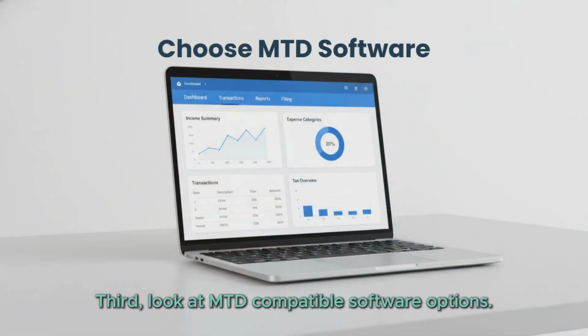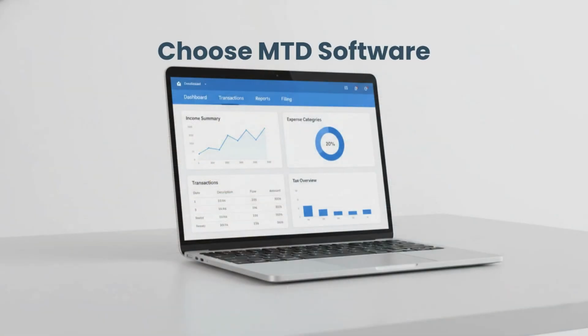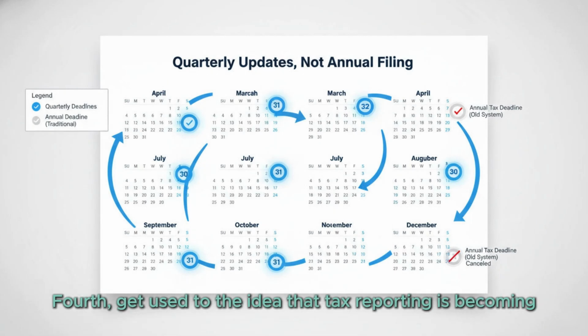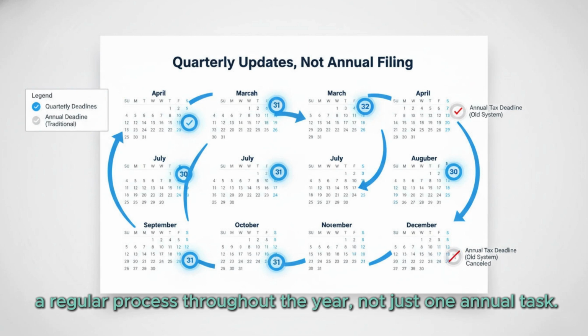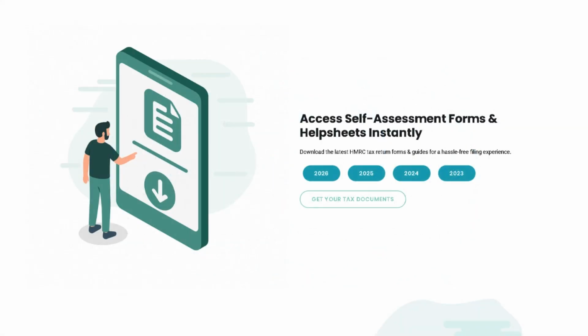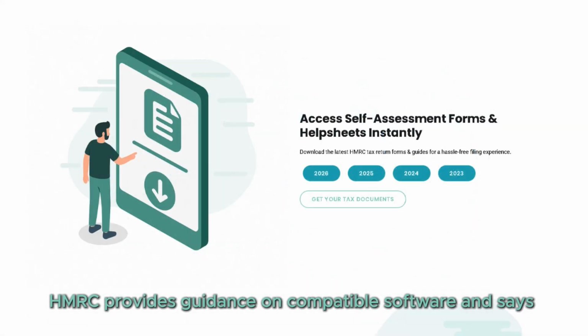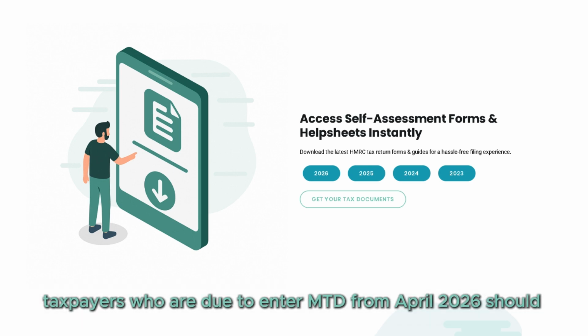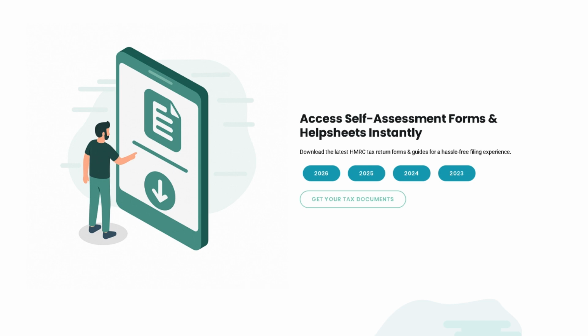Third, look at MTD-compatible software options. Fourth, get used to the idea that tax reporting is becoming a regular process throughout the year, not just one annual task. HMRC provides guidance on compatible software and says taxpayers who are due to enter MTD from April 2026 should sign up and prepare.